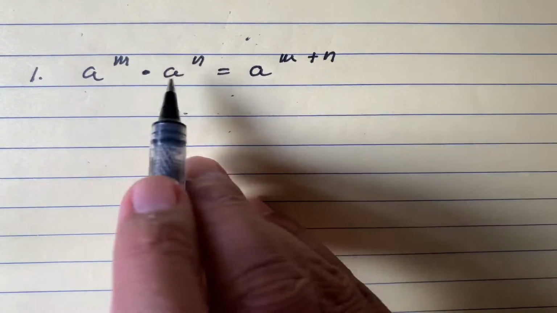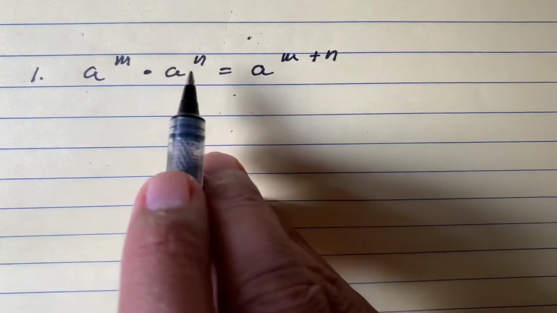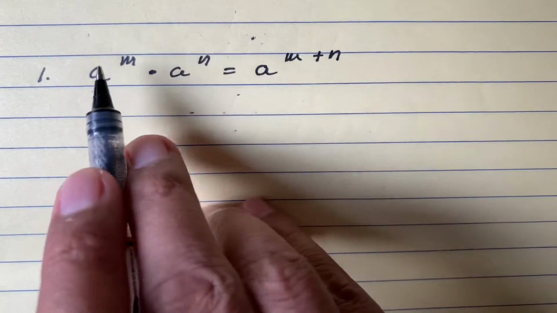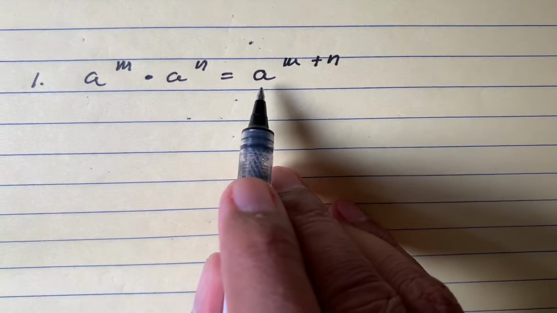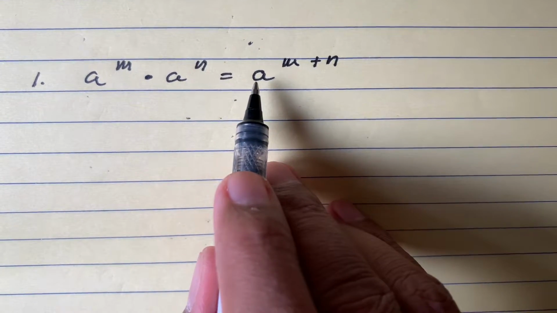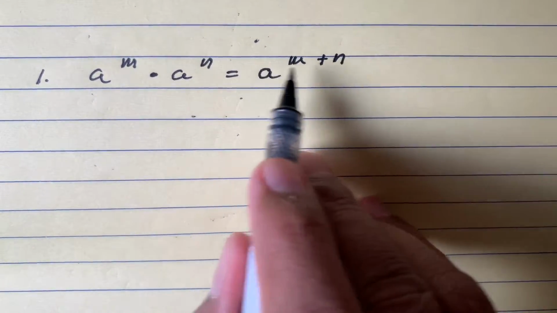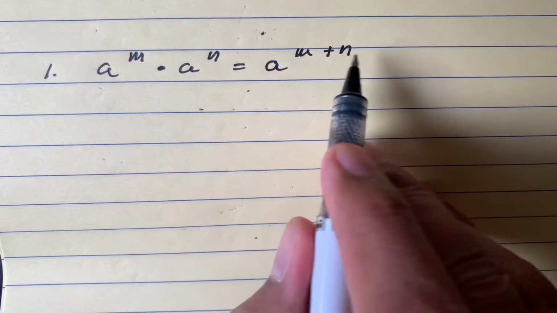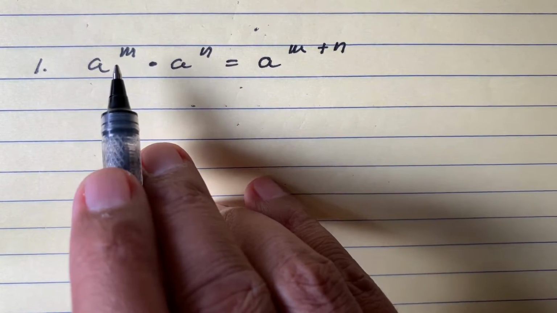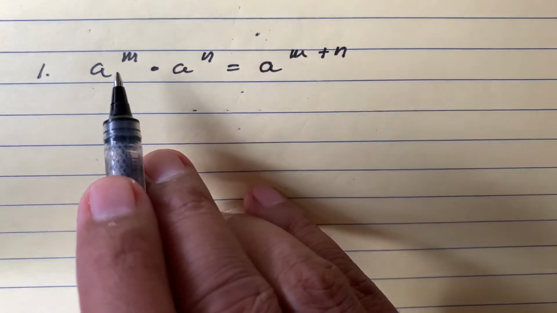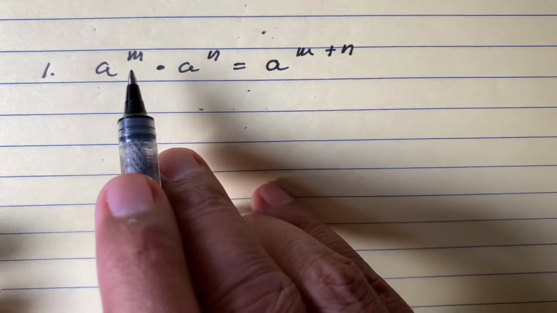You can see they are both the same. If they are both the same and with different exponents, we simply have to copy the base, then just add the exponents. Just get the sum of the exponents of the two. So this is the first law of exponent. This is multiplying powers with the same base.